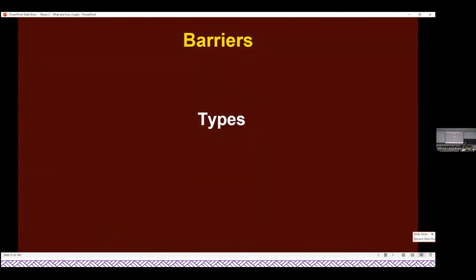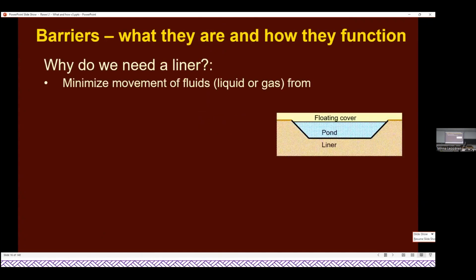So let's look at the type of barrier systems we could be dealing with. Starting with the very simplest, we have ponds. And our objective in a pond is to minimize the movements of fluids, liquids, and sometimes gases from the pond. We may also be trying to minimize evaporation in some applications.